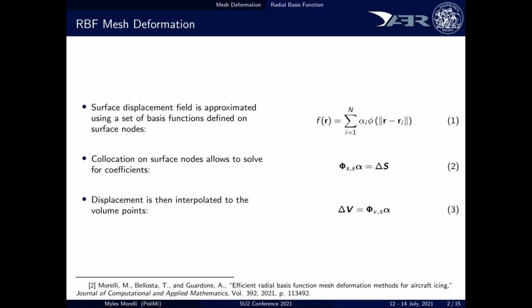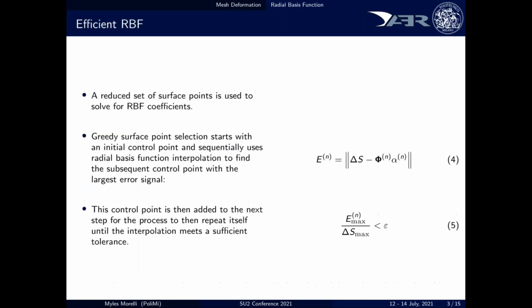RBF is usually computationally expensive. This is why it's not always used in optimization, but at Politecnico we introduced two methods for reducing the computational cost and making it more efficient. The first one is a greedy algorithm. We are not going to impose the exact movement on all the nodes of the surface, but we're going to select some of them in an iterative way with the target of reducing the interpolation error introduced.